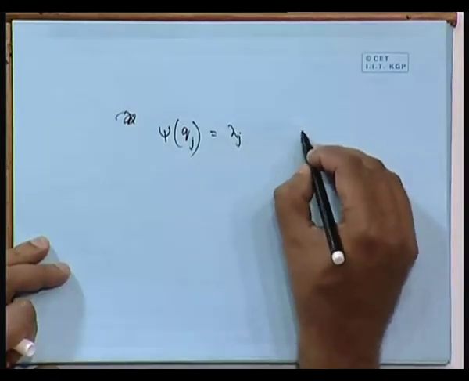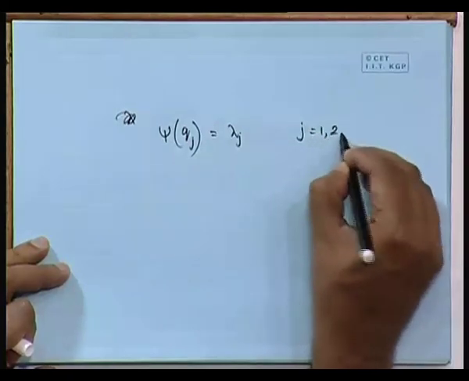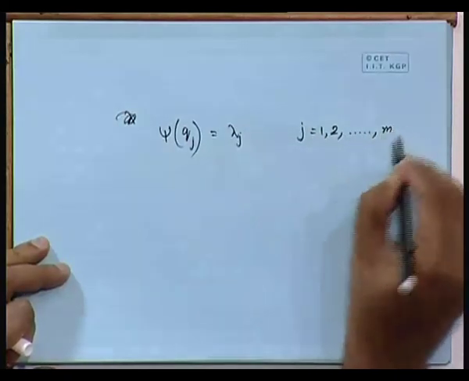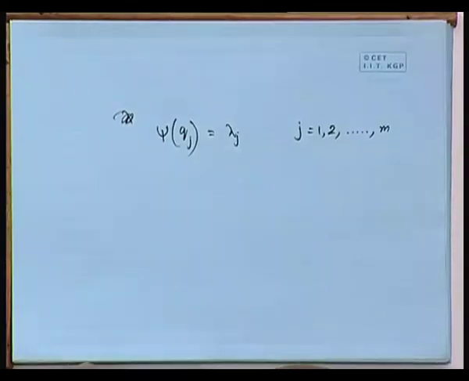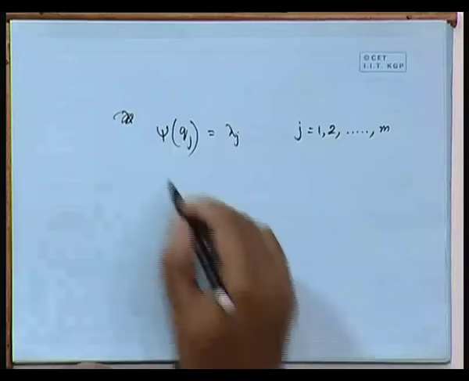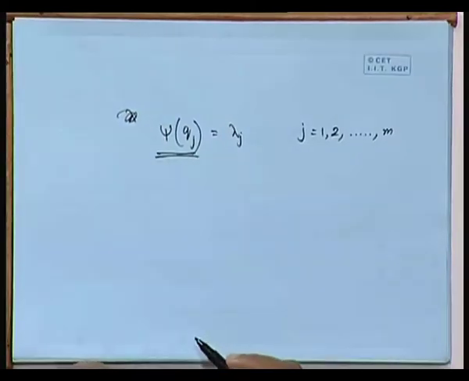We definitely have this for j equal to 1, 2 up to m, since there are m such eigenvalues. So, it is very interesting to note what psi of Qj is. It is the variance probe. So, the variance is equal to the eigenvalue.